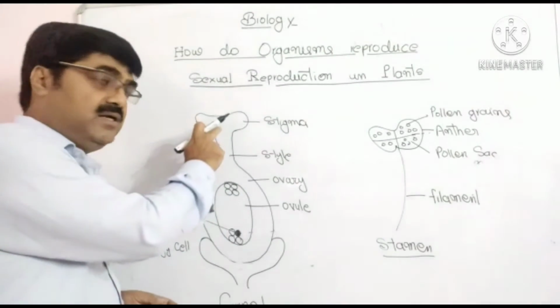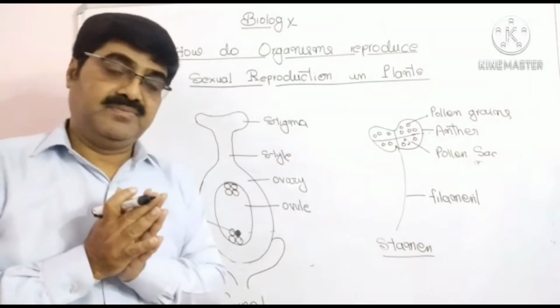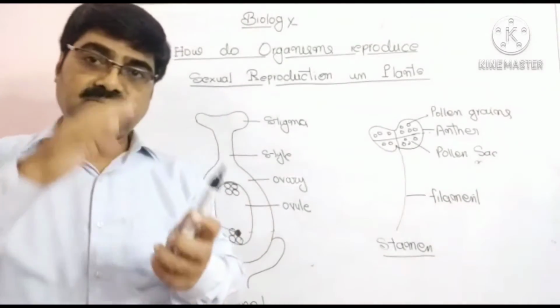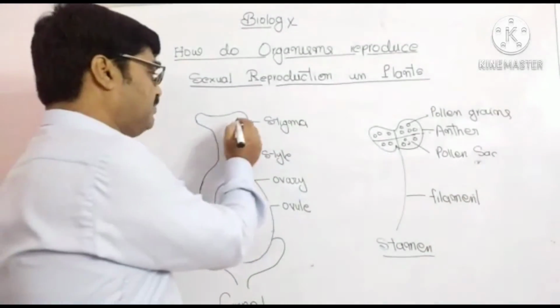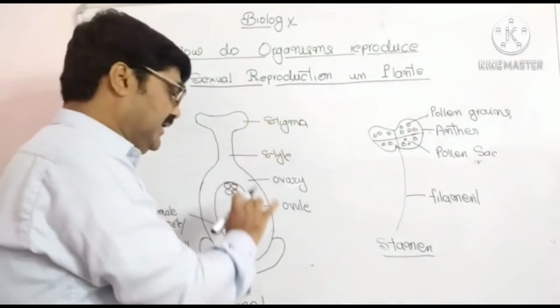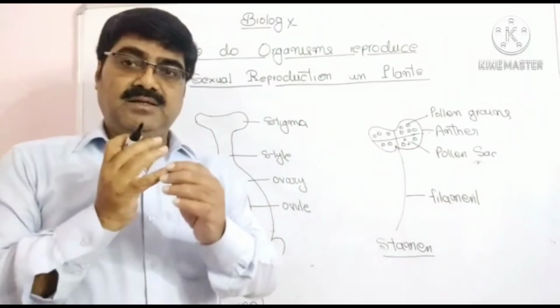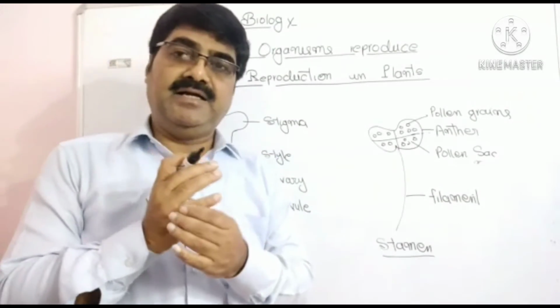Now, this is the female reproductive part, that is called carpel. Each carpel is made up of 3 parts. Uppermost part is called stigma, the snake-like part is called style, and this structure is called ovary. Stigma, style, and ovary.